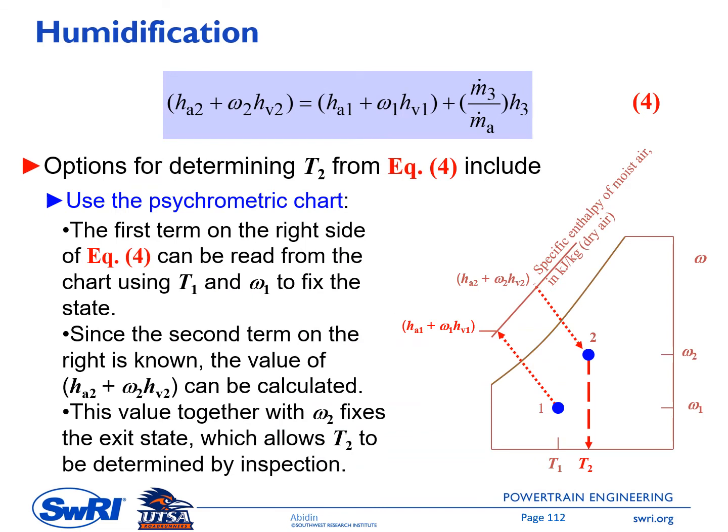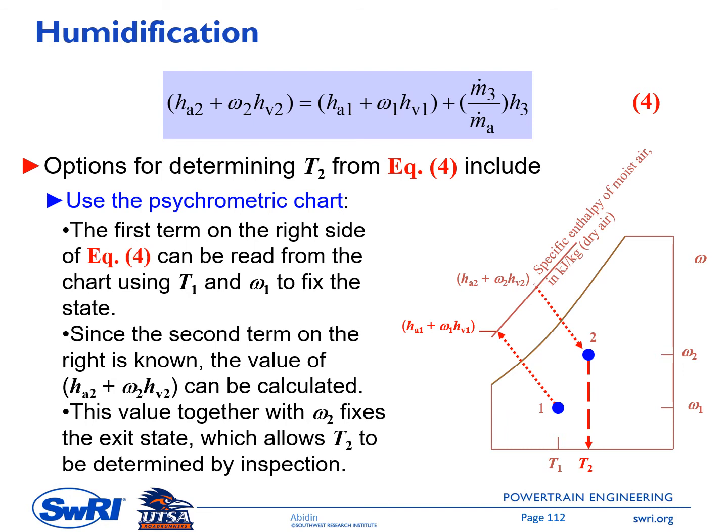So this is equation 4 that we just got from the previous slide. To get T2 from equation 4, there are two options here. The first option is by using the psychrometric chart. The first term on the right side of equation 4 can be read from the chart using the given T1 and omega 1.